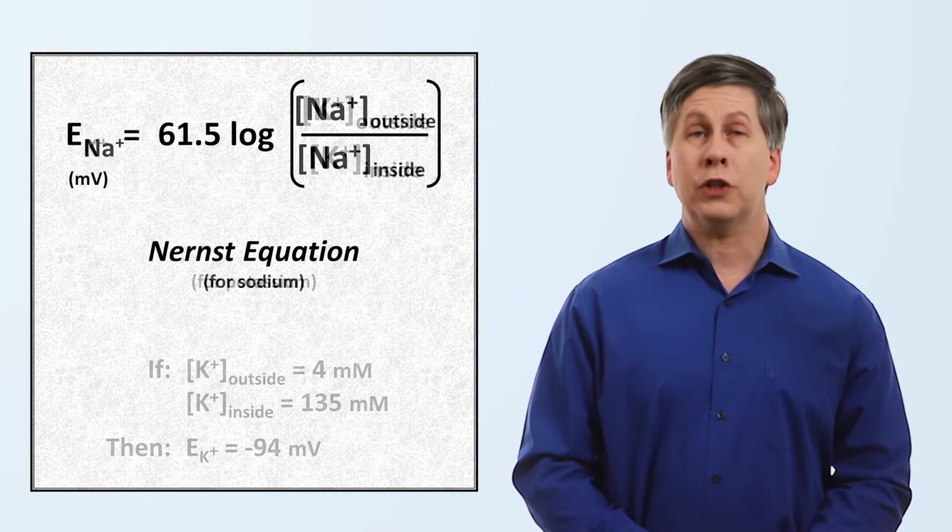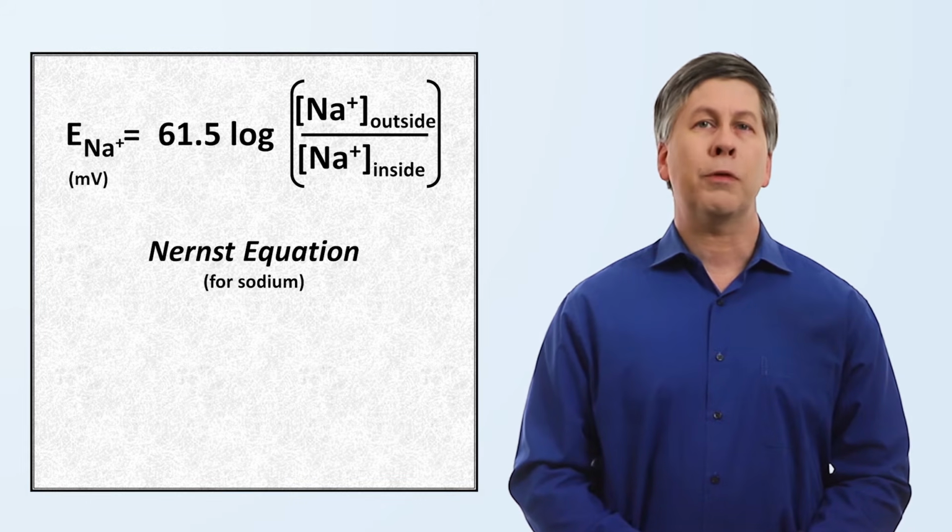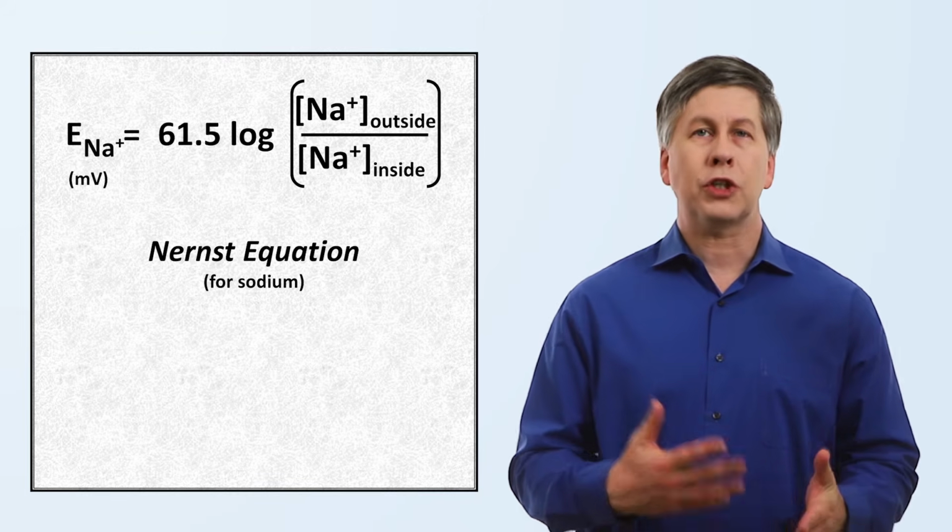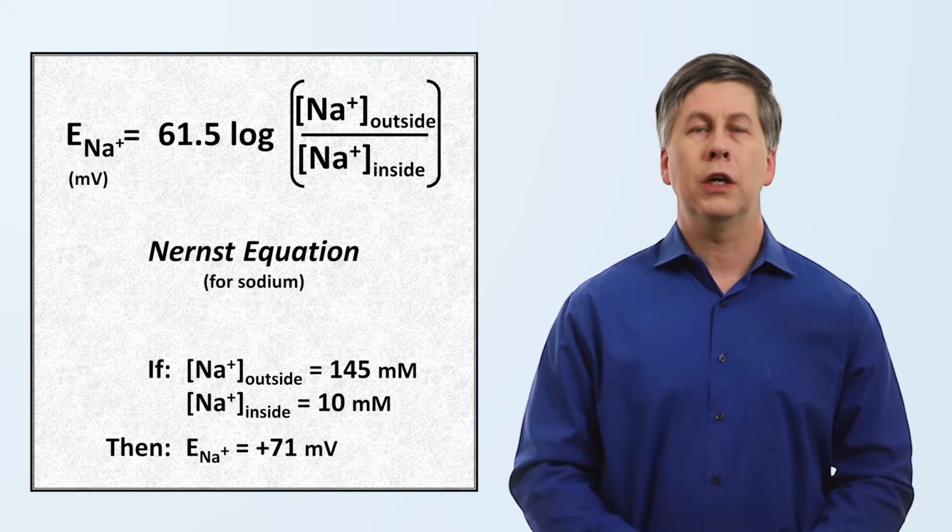The Nernst equation can be applied to any ion, not just potassium. For example, using it for sodium, we can calculate its equilibrium potential for normal intra and extracellular sodium concentrations to be +71 millivolts. You might wonder: potassium is only in electrochemical equilibrium when the transmembrane potential is -94, and sodium is only in electrochemical equilibrium when the transmembrane potential is +71.